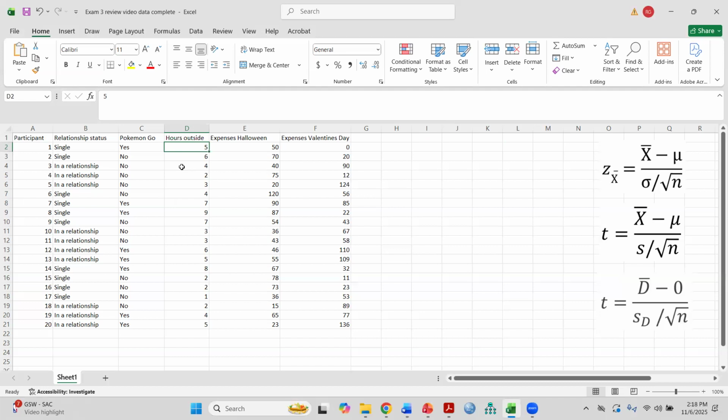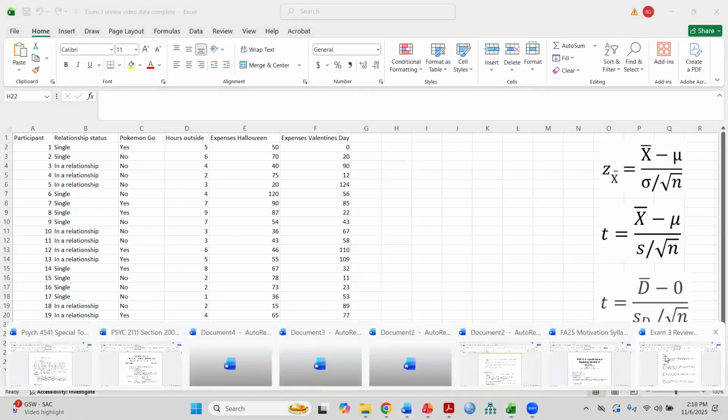If I gave you the population standard deviation as well as the population mean, then you use a one sample z-test. If I only give you the population mean and no population standard deviation, then you have to use a one sample t-test to look into that. So it's always a good idea to be thinking about what the different tests are that you could potentially run from these data.